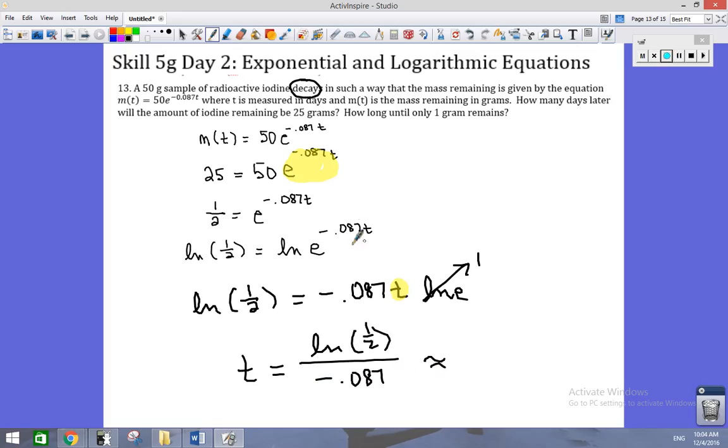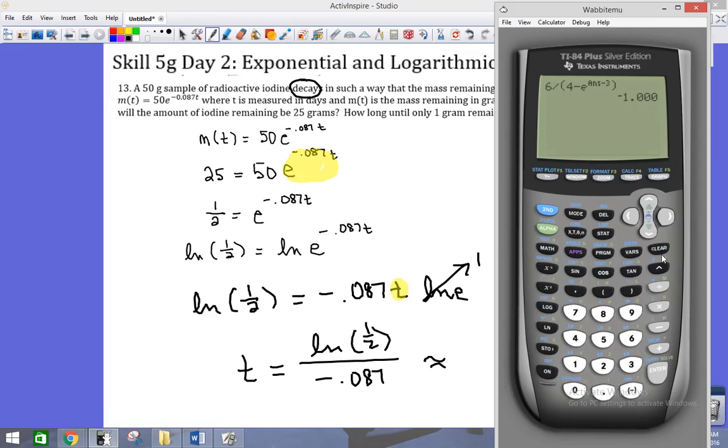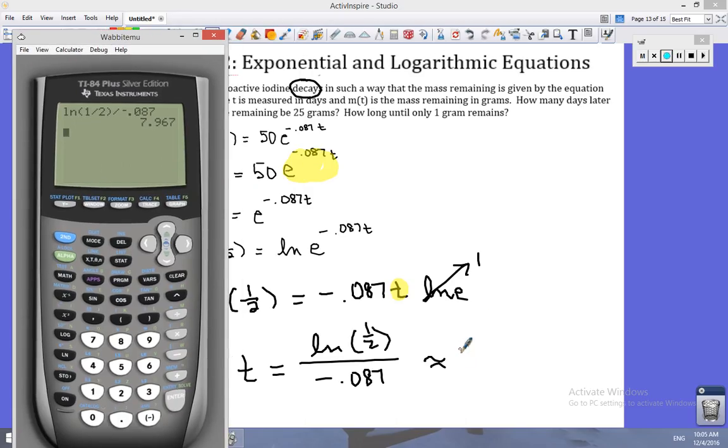Let's go to a calculator, because that's not really telling somebody the answer in days. Let's give them a decimal approximation. So we've got natural log of 1/2, close the parenthesis, divided by negative 0.087, which is 7.967. If I was telling somebody, I'd say, hey, about 8 days.